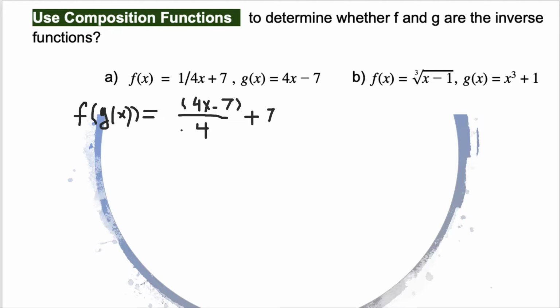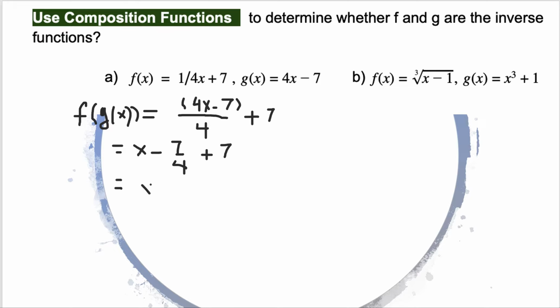If we simplify this function a little bit, what's going to happen is x minus 7 over 4, plus 7. Obviously, we get a positive number, probably greater than 1, because 7 over 4 is around 2. But let's be a little more specific.